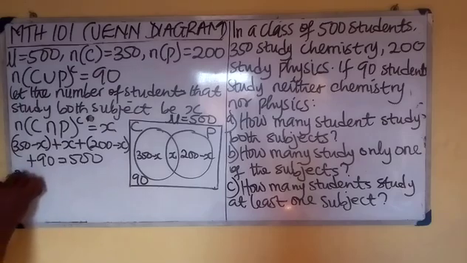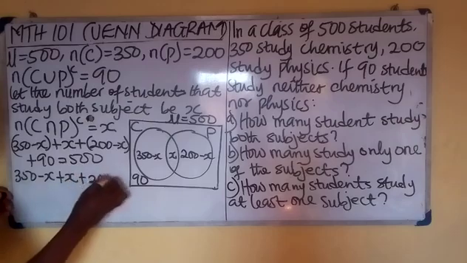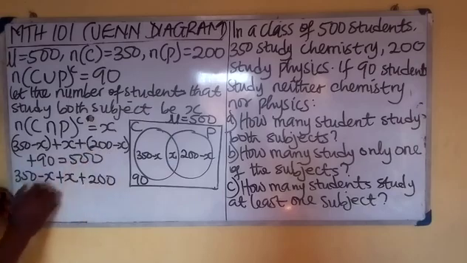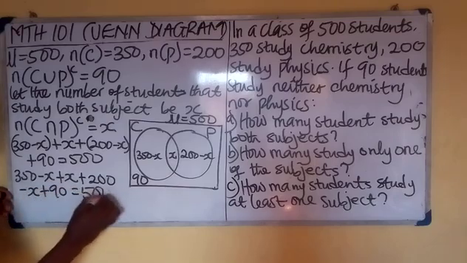So I'll have 350 minus x plus x, then plus 200, then plus times minus is minus. I'll have minus x, then plus 90 equals 500.